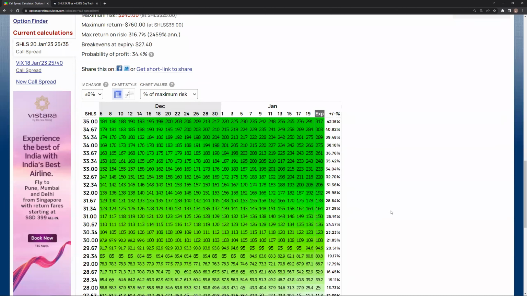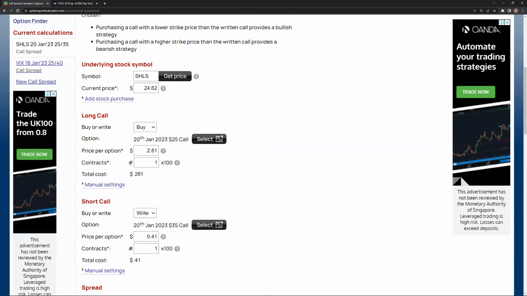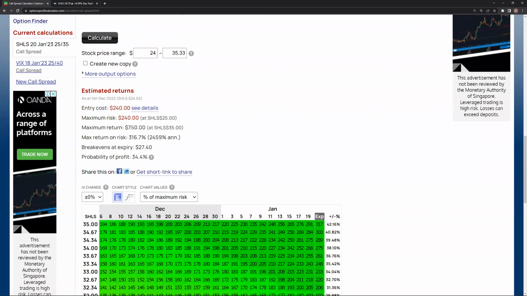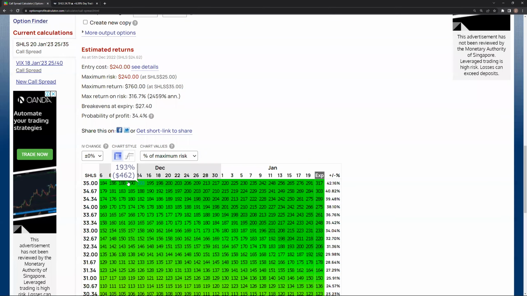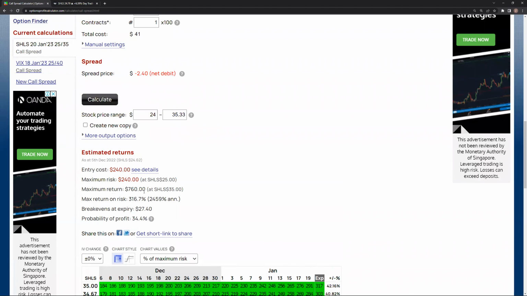The risk reward ratio is not really there, but I think it is still a lot better than just buying a simple call option, because you are actually reducing your risk. If it goes all the way to $35, then of course you'll be getting a 317% return. So you can use this to calculate your total risk and reward.